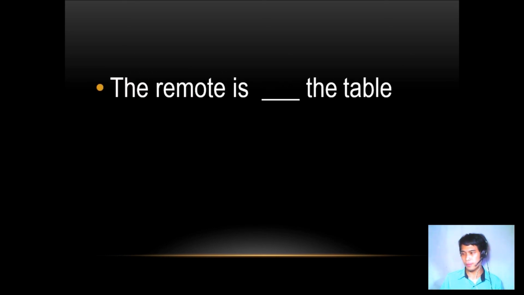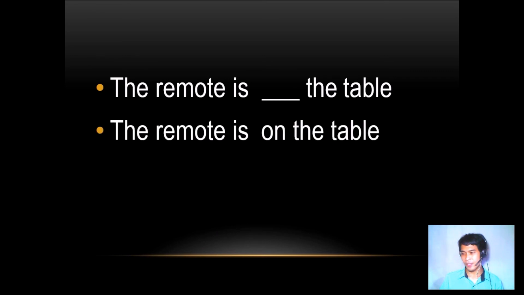One more example: the remote is blank the table. The remote is on the table. This table is a surface, right? It has a surface area.